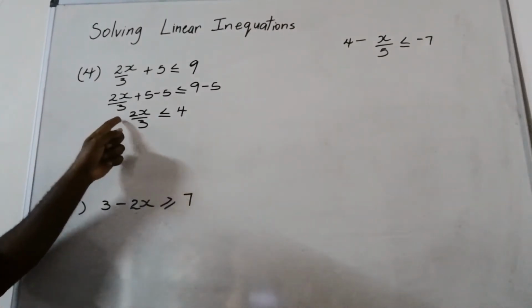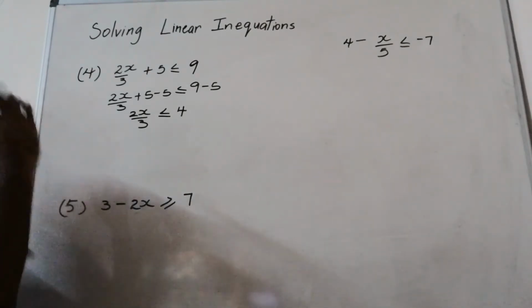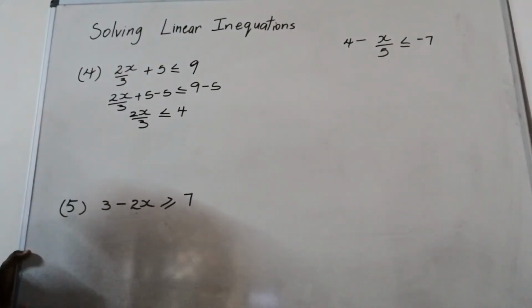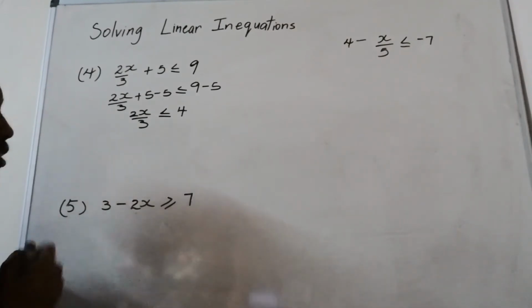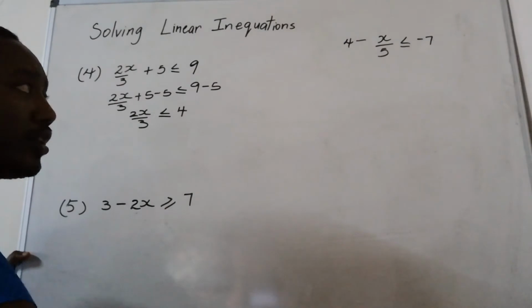Since to get rid of our 2 over 3, since it's multiplying by 2 over 3, what we could do is multiply by the reciprocal of 2 over 3. The reciprocal means that we upturn the number.